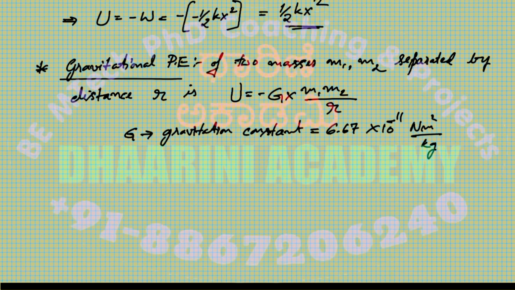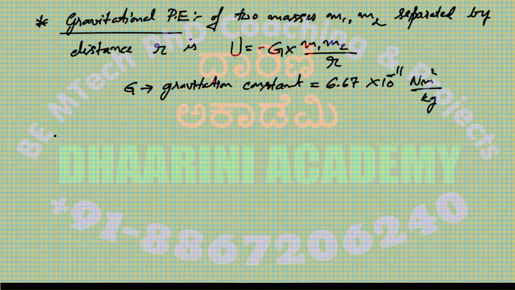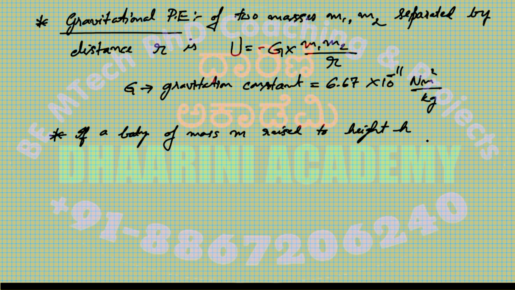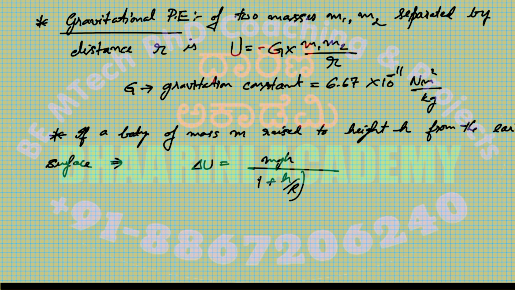If a body of mass m is raised to height h from the Earth's surface, this implies the change delta U is equal to mgh divided by 1 plus h by R.